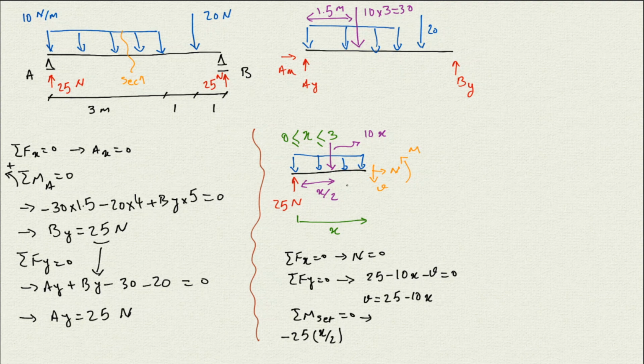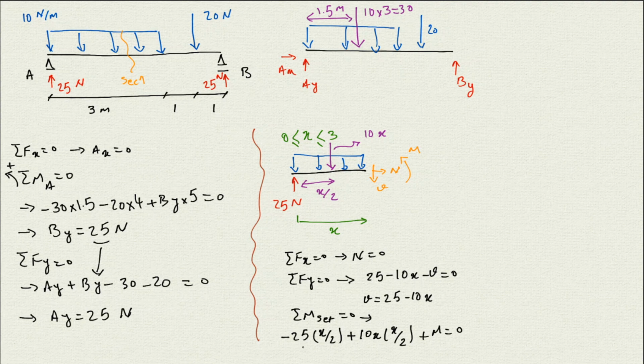Then I have this 10x, and its normal distance is also x over 2. The distance from here to here is x over 2. About the section it's going to rotate counterclockwise, so it's going to be positive. And then we have the M itself, which is rotated counterclockwise, equal to 0.